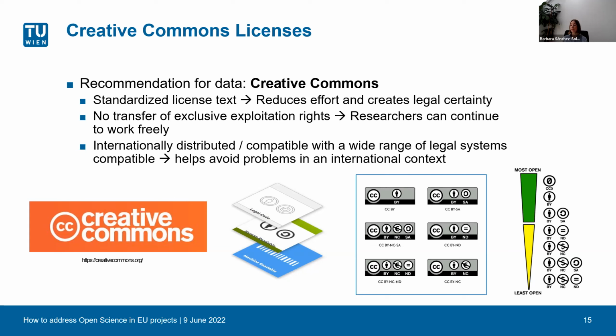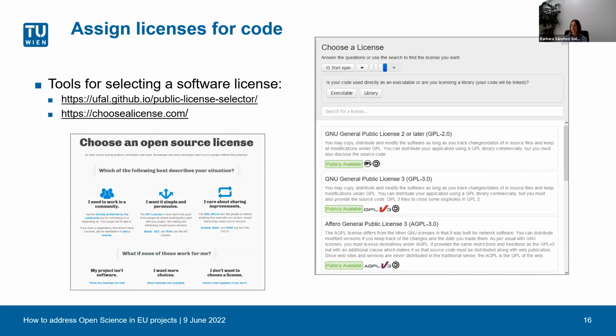And also, they are machine readable. So this again enhances your visibility, the visibility of your data set, of your team. Creative Commons, by the way, is not applicable for software. So code needs different licenses. I myself, I'm not an expert on software licenses, but I have put some links here which might be useful for you.